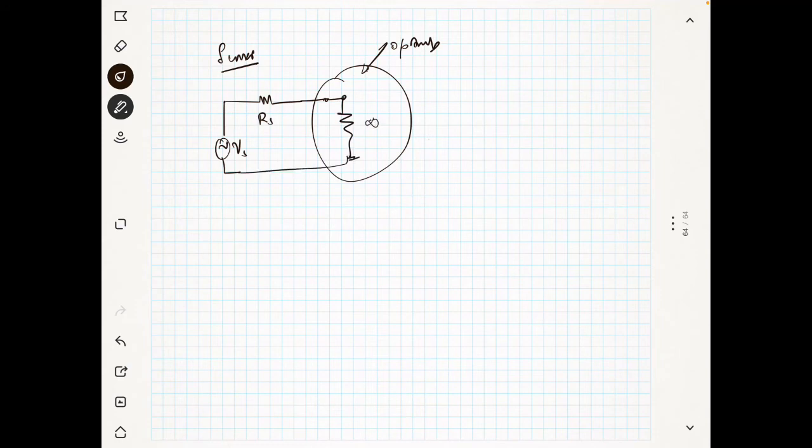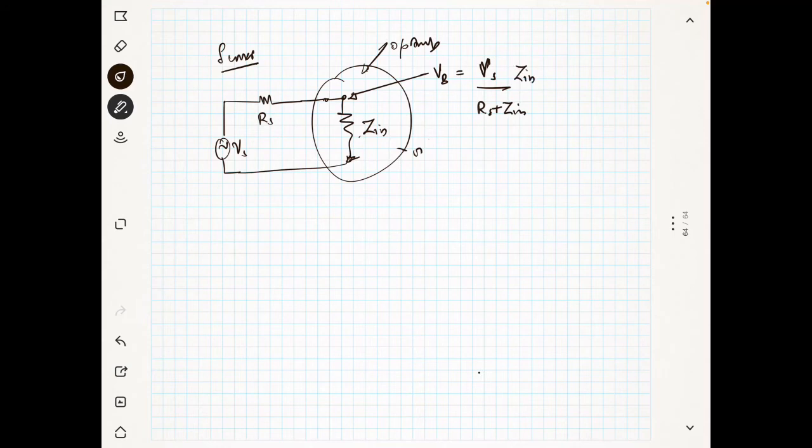Then what will be the voltage at this point? This voltage, let's say it's Vb, will be equal to Vs divided by Rs plus infinity, into infinity. Infinity means it's like an open circuit. Or I can say this is not infinity, it's very high, Zin. So it's nothing but Vs divided by Rs plus Zin, into Zin.